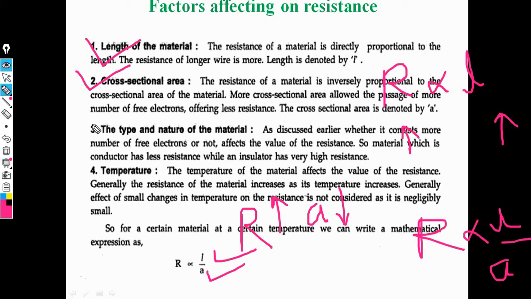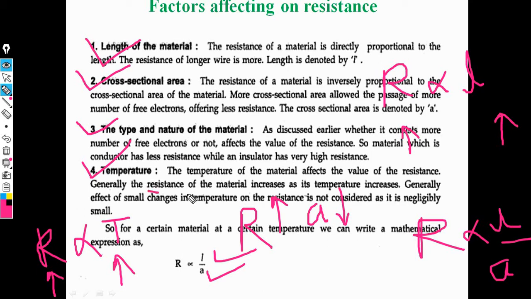Then the fourth parameter is temperature, that is, resistance and temperature. Resistance R is directly proportional to temperature, that means the value of resistance increases when temperature increases, because both are directly proportional to each other.